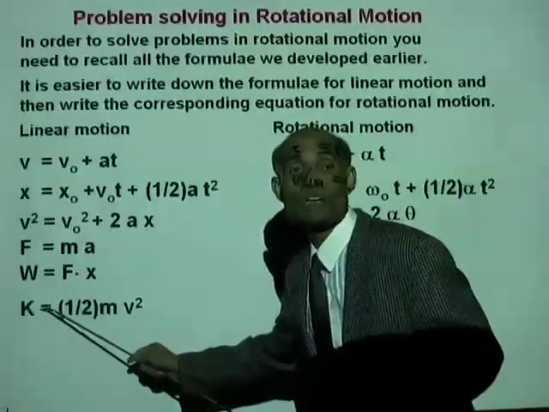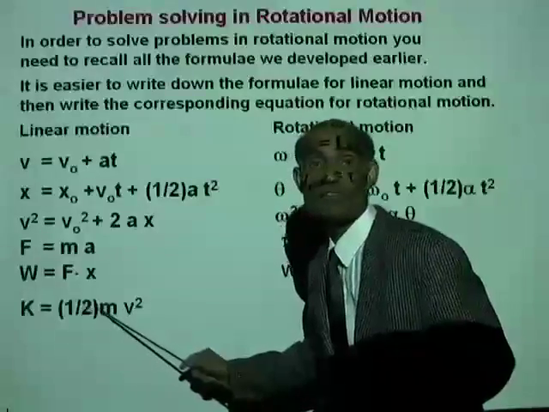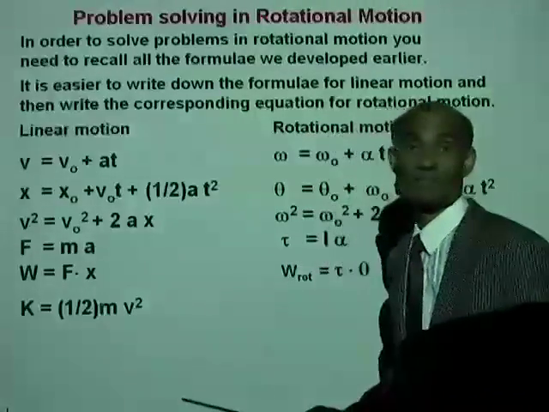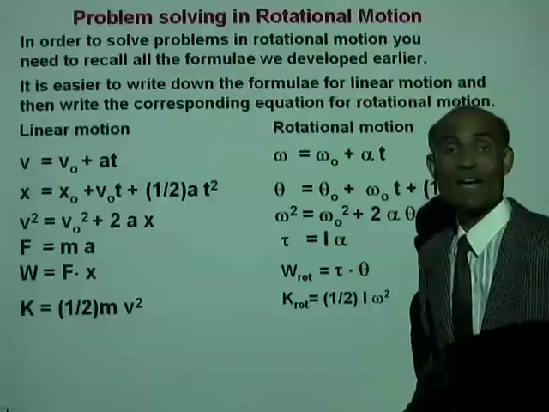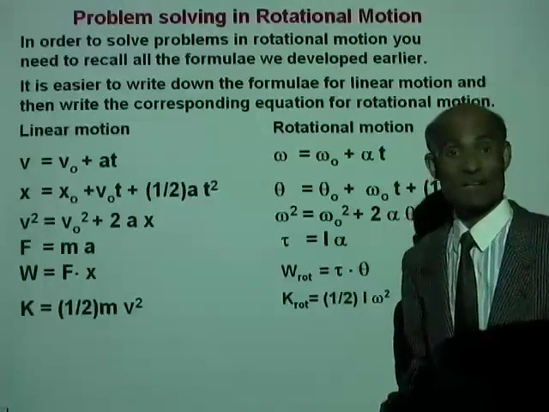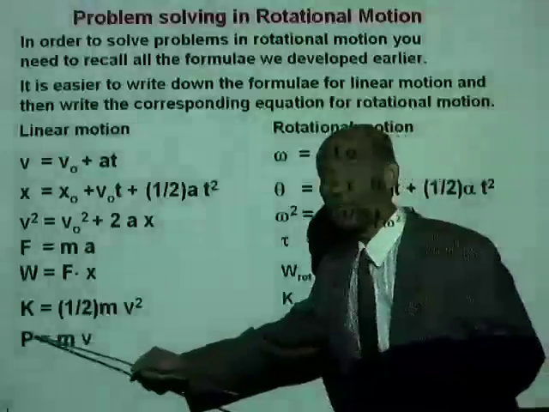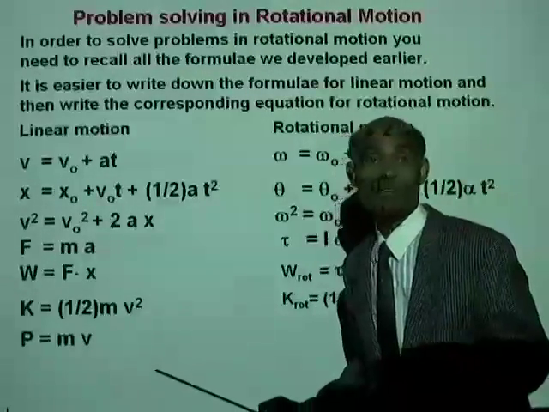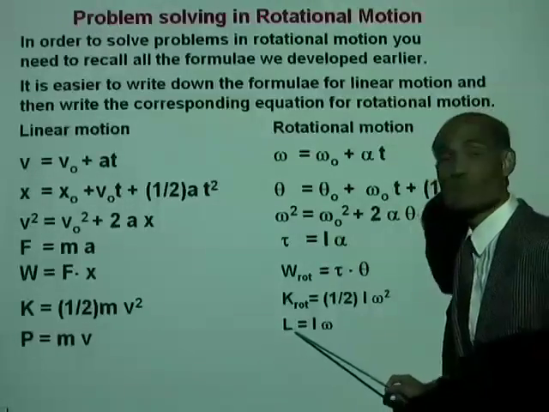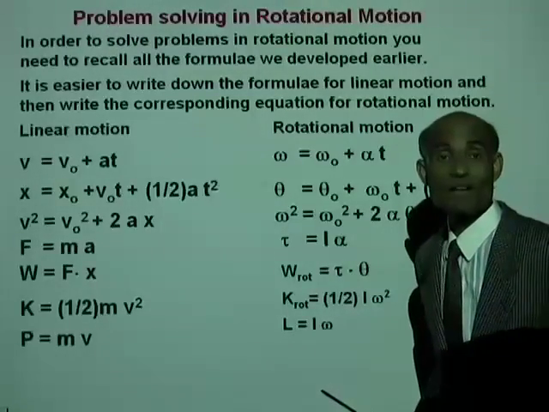Kinetic energy in linear motion is 1/2 mv squared. Kinetic energy of rotation is 1/2 I omega squared. Linear momentum P equal to mv, angular momentum L equal to I omega.